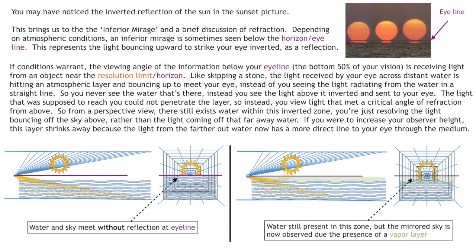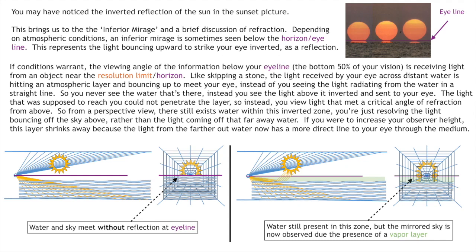Like skipping a stone, the light received by your eye across distant water is hitting an atmospheric layer and bouncing up to meet your eye, instead of you seeing the light radiating from the water in a straight line. So you never see the water that's there. Instead, you see the light above it inverted and sent to your eye.